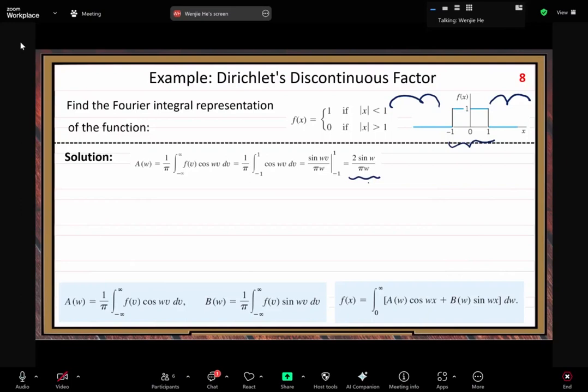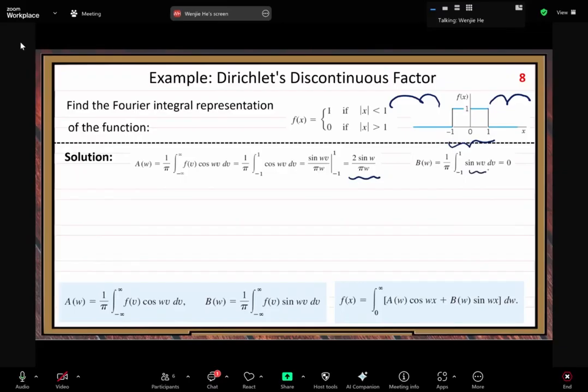Then, the capital B function. Capital B function is 0. The reason is very simple.